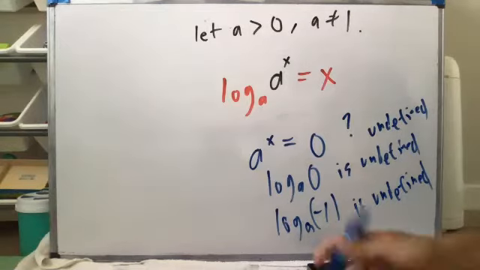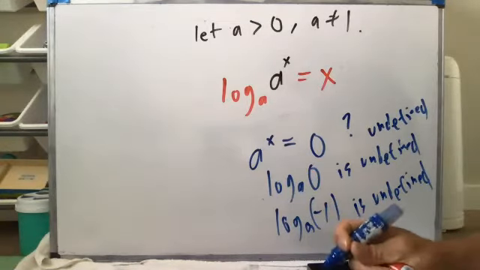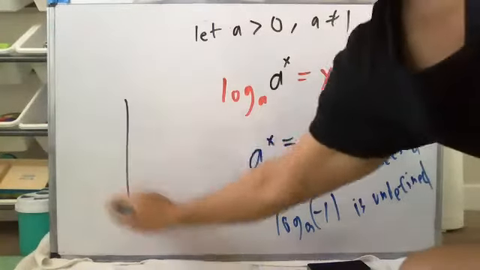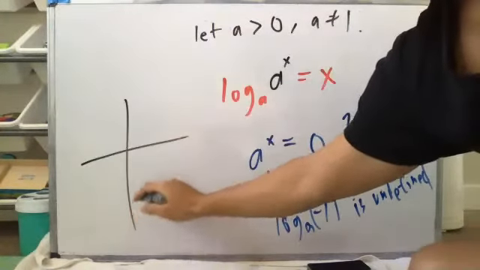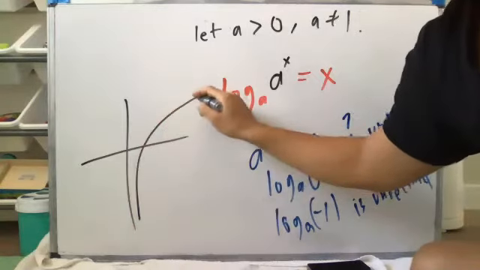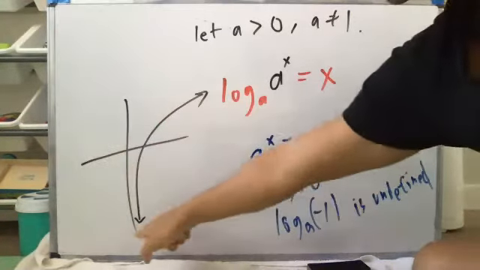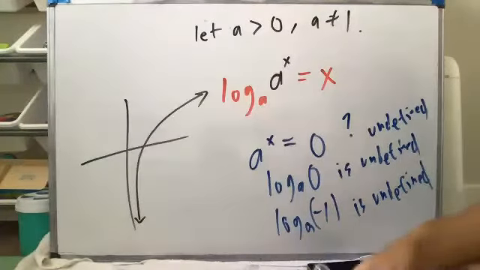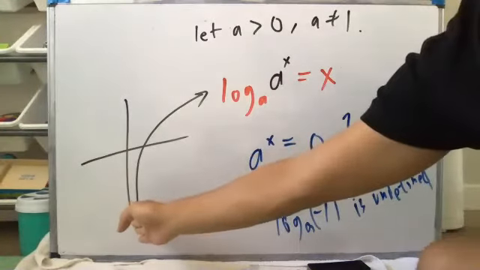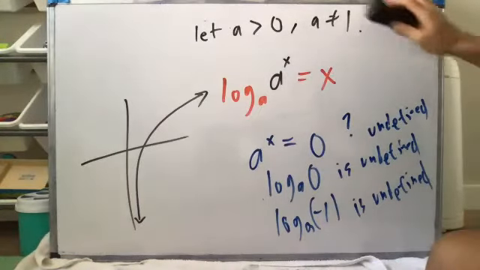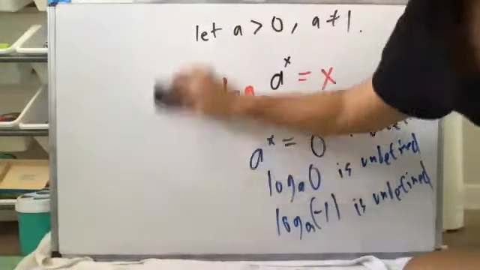Does that make sense to you guys? Yes. You can see the graph too, because remember the graph of log? It looks something like this, right? And it grows. It never touches 0, and it never goes negative. So it's telling you the domain is restricted to positive numbers. Okay, so that's just a side comment about that.